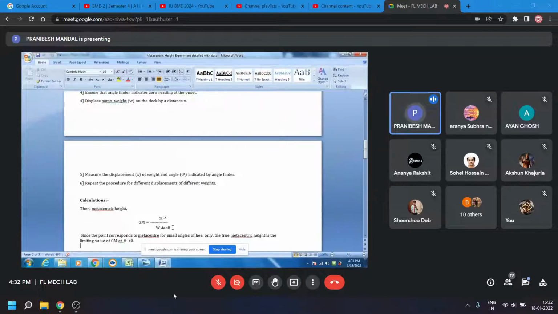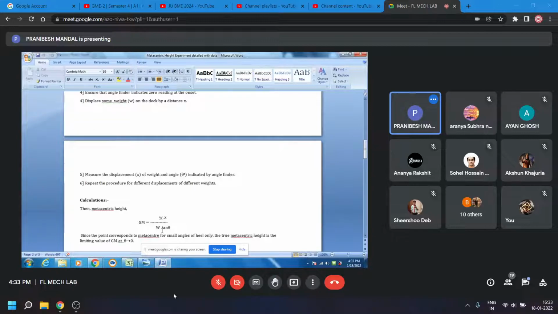That is measured using this particular equation where theta is the angle of tilt, W is the weight of the total vessel, including all its crew members. That is, including the vessel and all human beings, that is capital W.